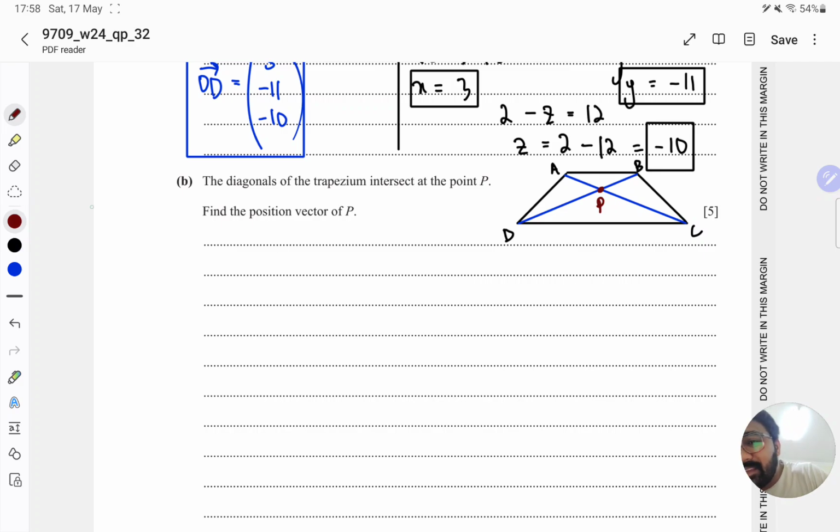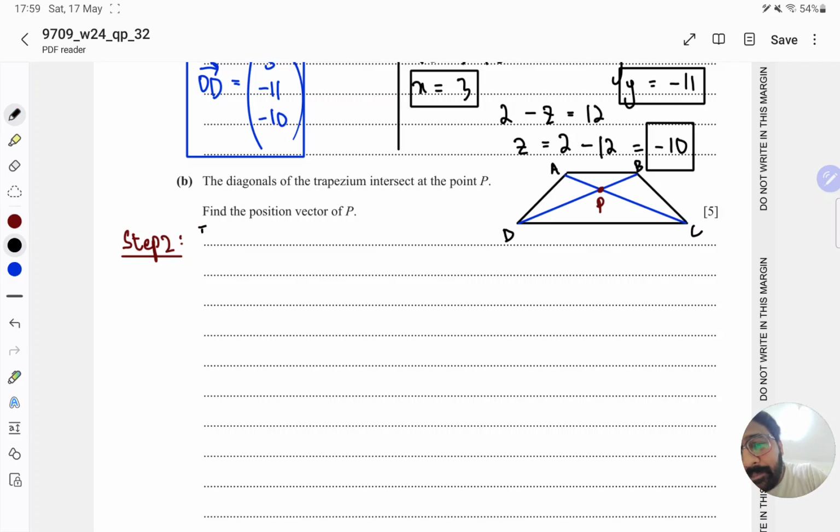Let me do it step by step. The visualization was step number 1. Let's do the second step. For the second step, we basically need to find the point P, which is the intersection of the two vectors AC and DB.